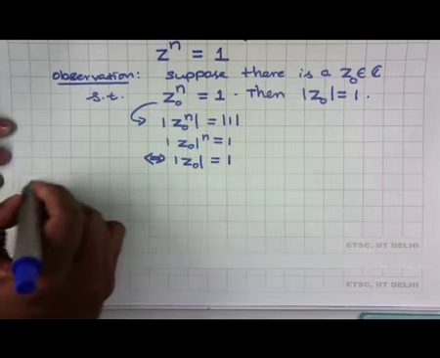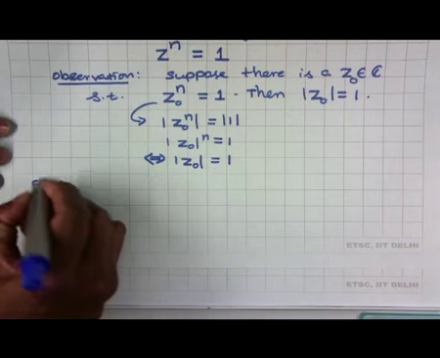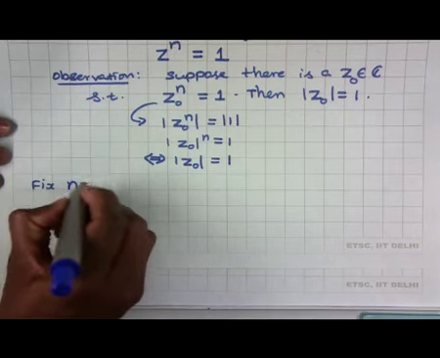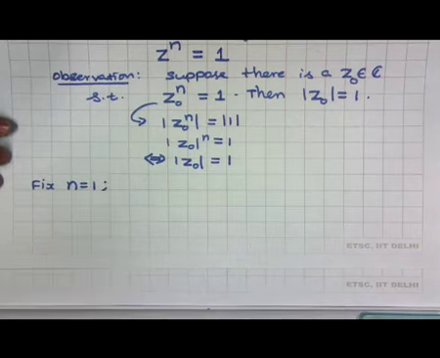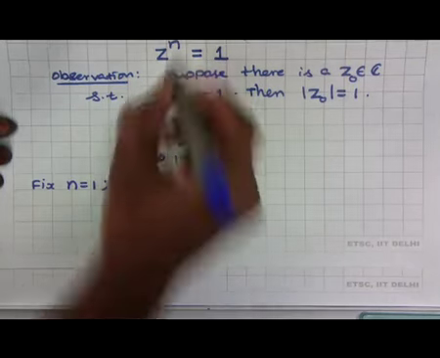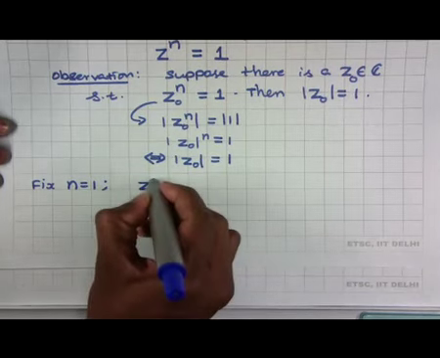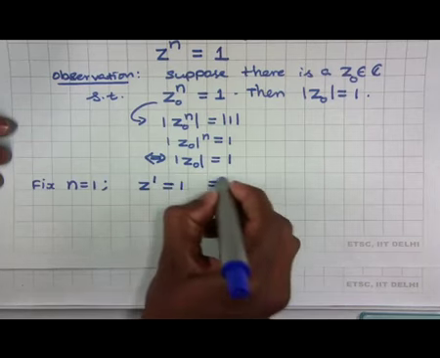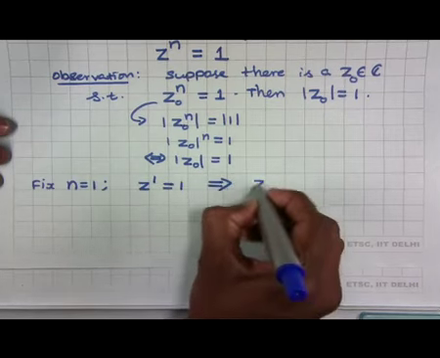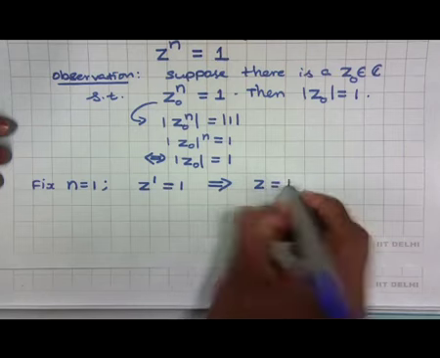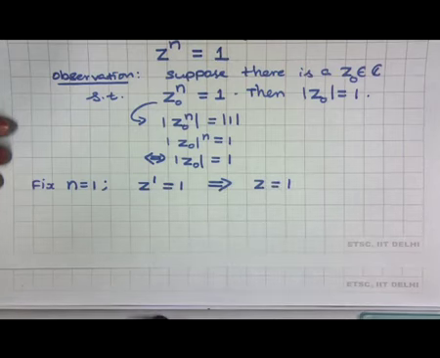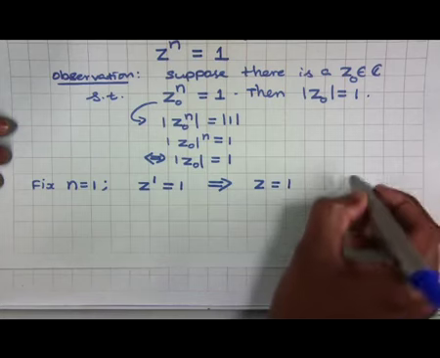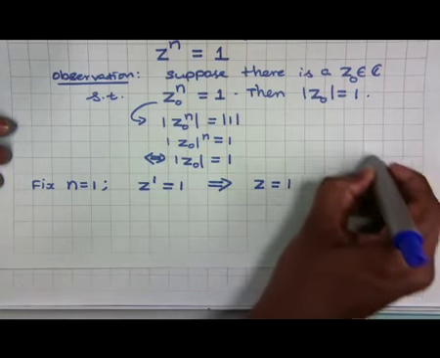Let us start with n equal to 1. If n equal to 1, the power we raise to is just 1, and this immediately implies it is a single complex number, just 1.